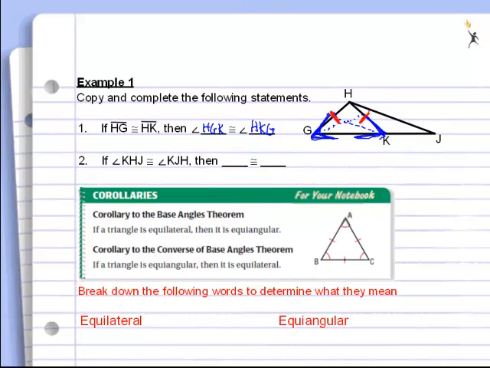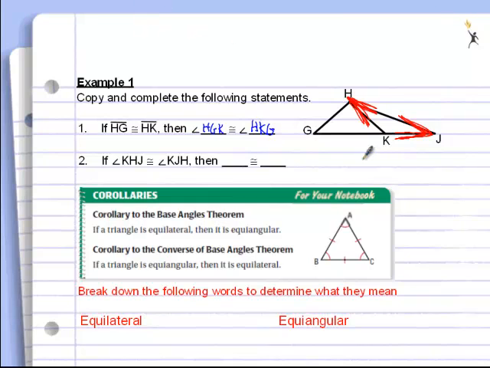Let's look at another example. Number 2 tells us that if angle KHJ is congruent to angle KJH, then what two sides are congruent?